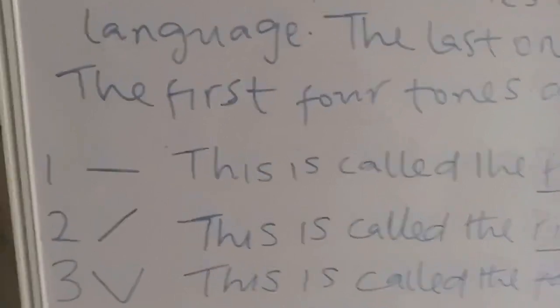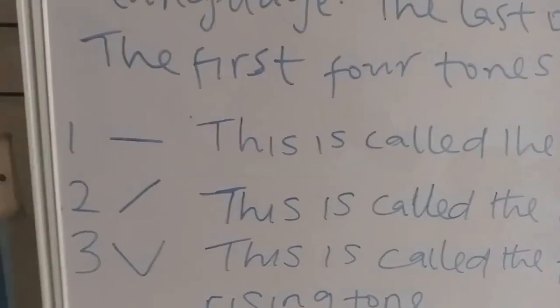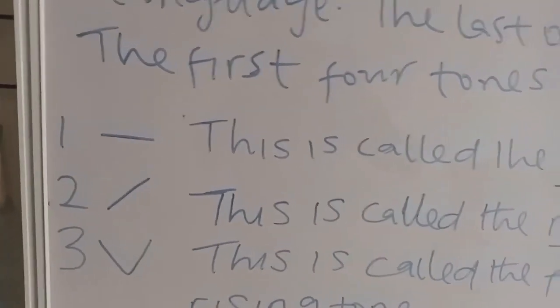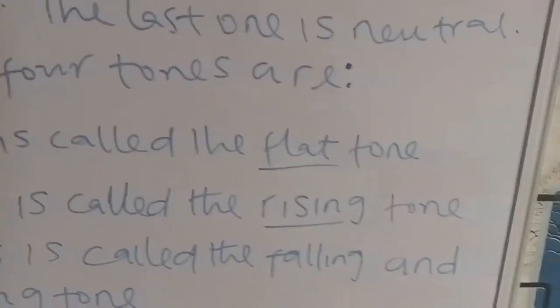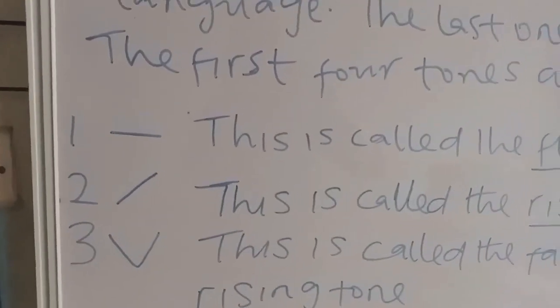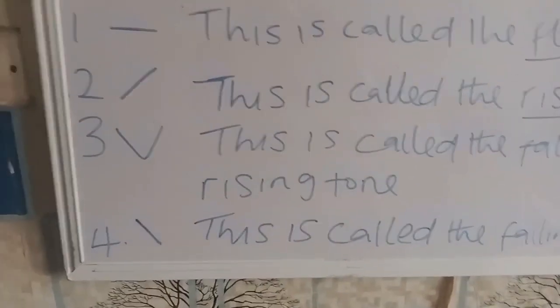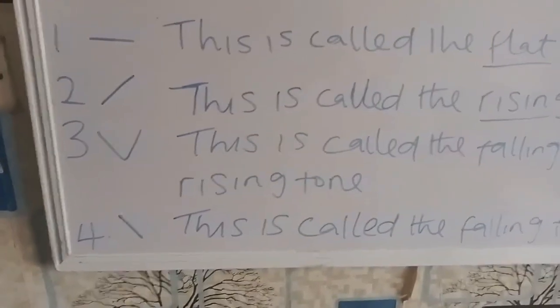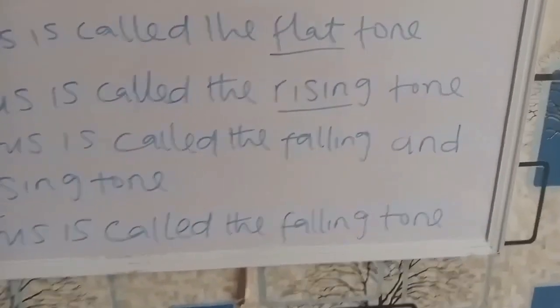You see what I wrote there? Did you see the dash sign? Okay, it is called the flat tone. The second tone is called the rising tone. The third tone is called the falling and rising tone. The fourth tone is called the falling tone.